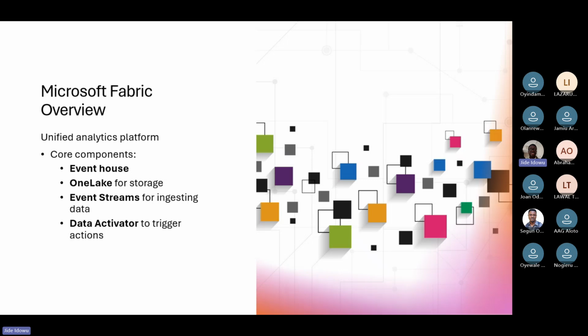So this is just to give us an overview of Microsoft Fabric, which some of us are not new to. Some of the things we'll be doing today revolve around this. Meaning the components of unified analytics, what are those key components? There is what we call Eventhouse.